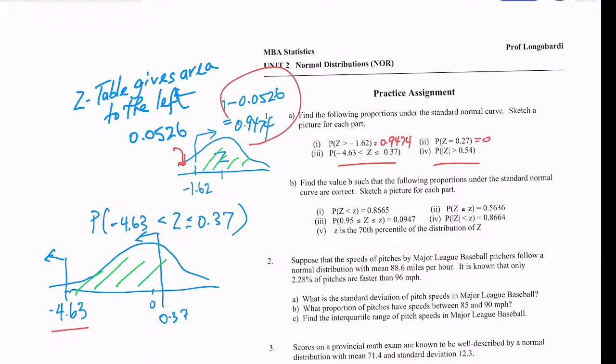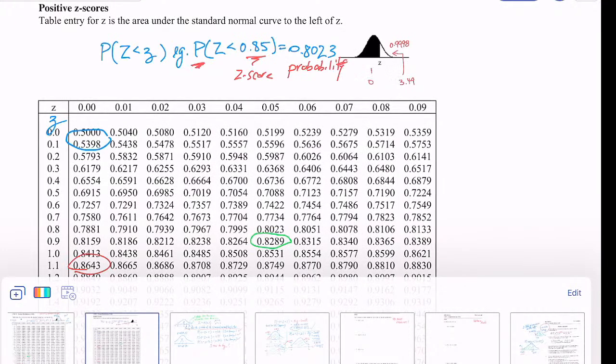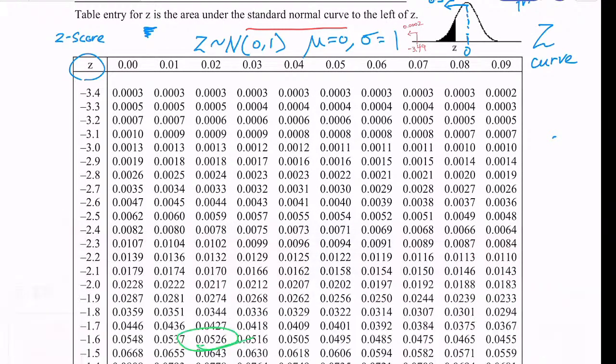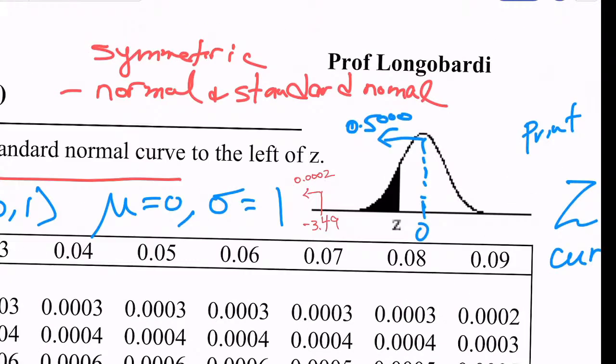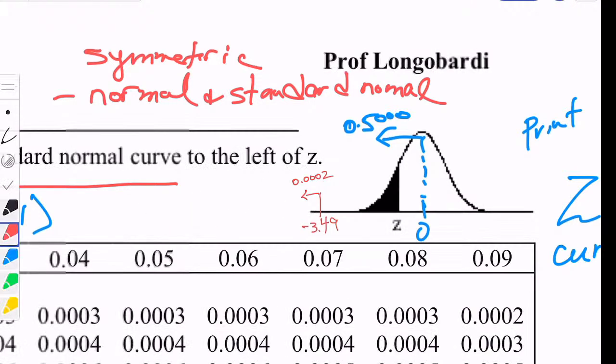If I was to add 4.63 on that curve, negative 4.63 will be over here, even further away.